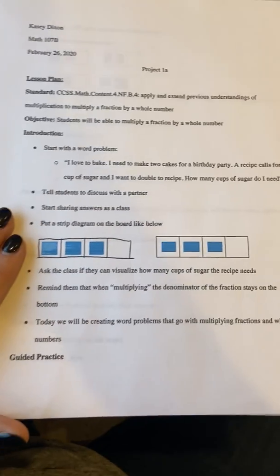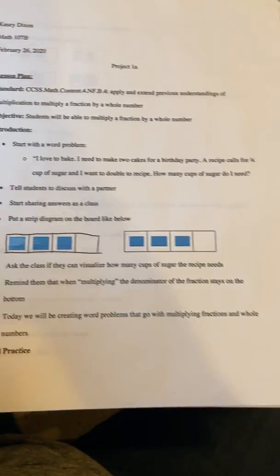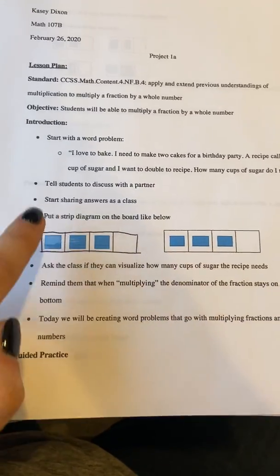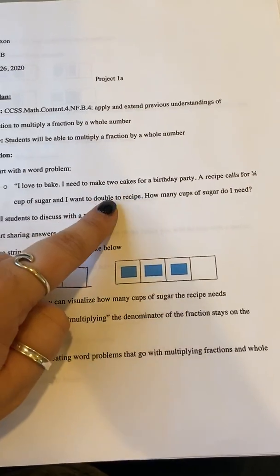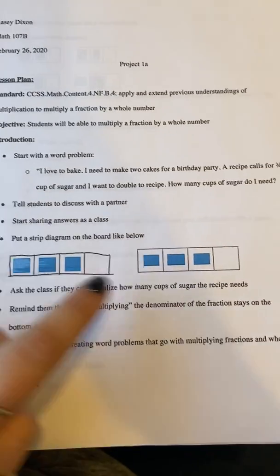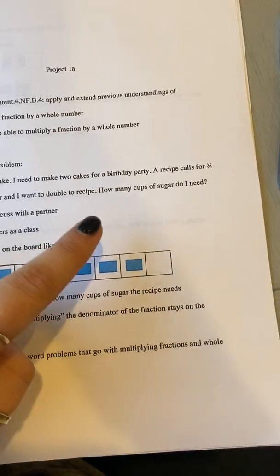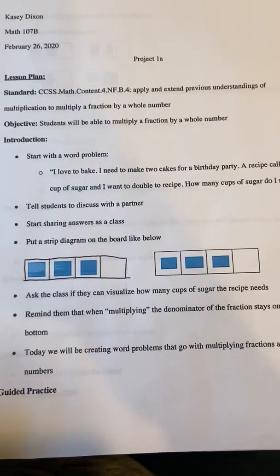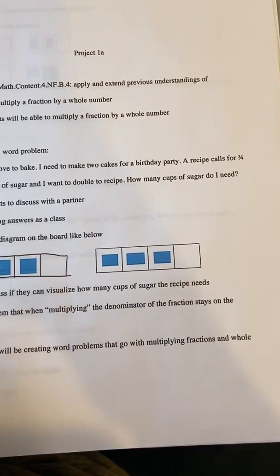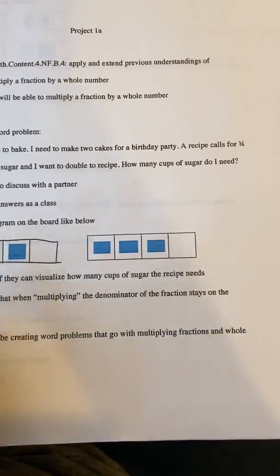So what I would do is put a strip diagram, and I would make a rectangle. I would make 2 rectangles since we are making 2 cakes and we are doubling the recipe. So I make 2 of those, and then the recipe calls for 3/4 cup of sugar.